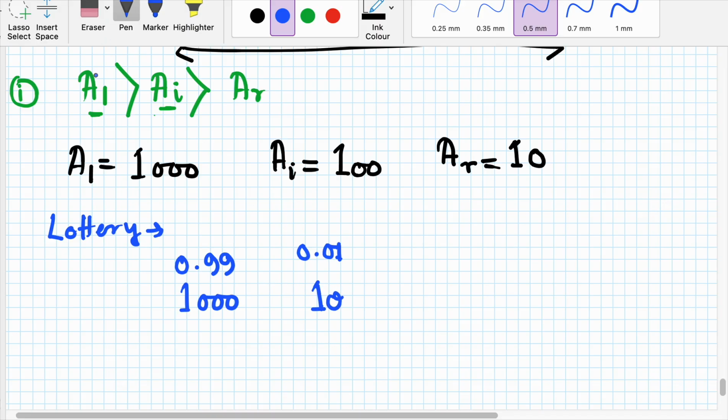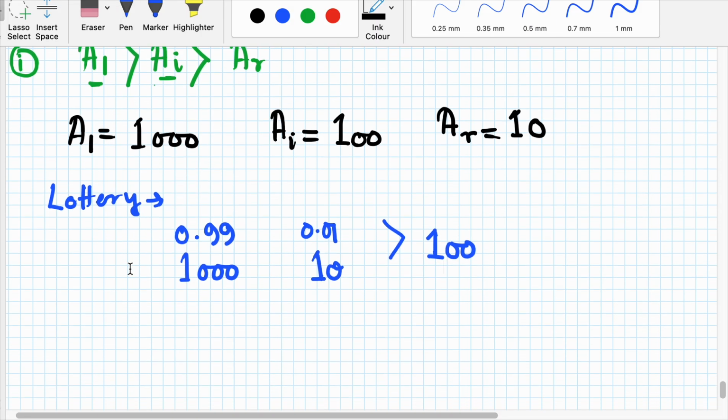Now obviously this lottery will be preferred over a certain outcome of, maybe 20 or maybe 15 rupees.